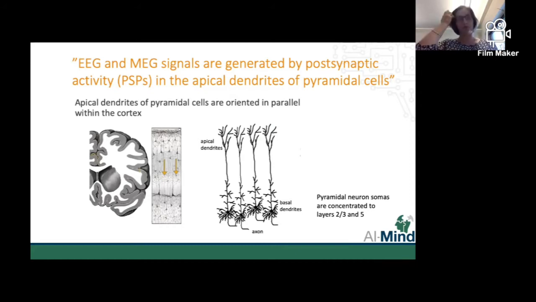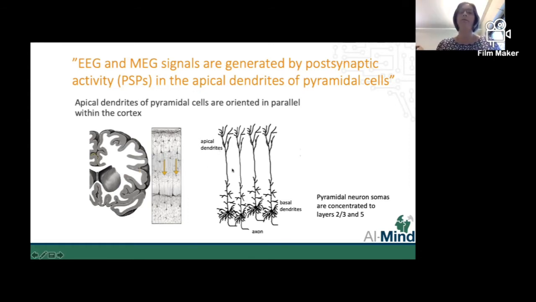So first of all, what are the apical dendrites of the pyramidal cells? Well, pyramidal cells are large excitatory neurons with somas concentrated to layers 2 and 3 and 5 in the cortex.